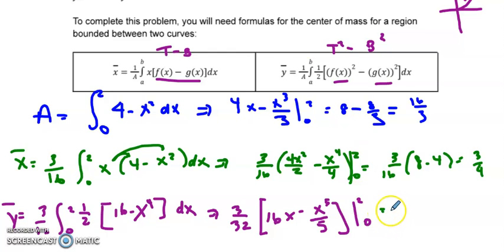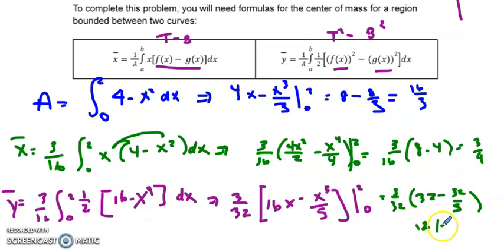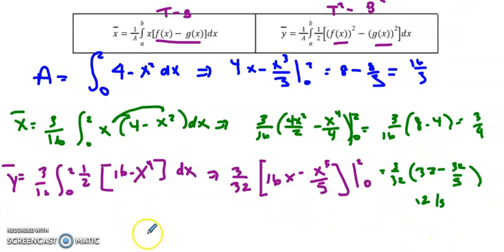So then I have 3/32, and then 16 times 2 is 32, minus 2 to the 5th is 32 over 5. And when all is said and done and I simplify this, I get 12/5, which leaves me with my center of mass for this lamina as the point 3/4, comma, 12/5, which are my x bar and y bar.